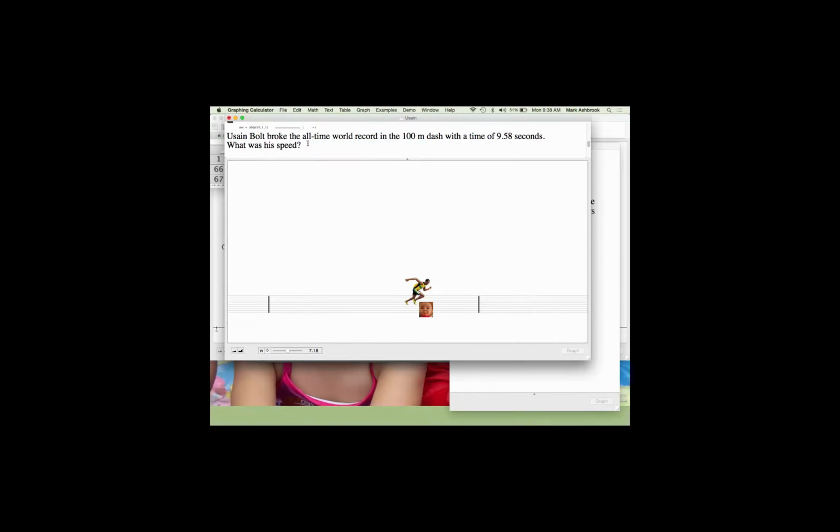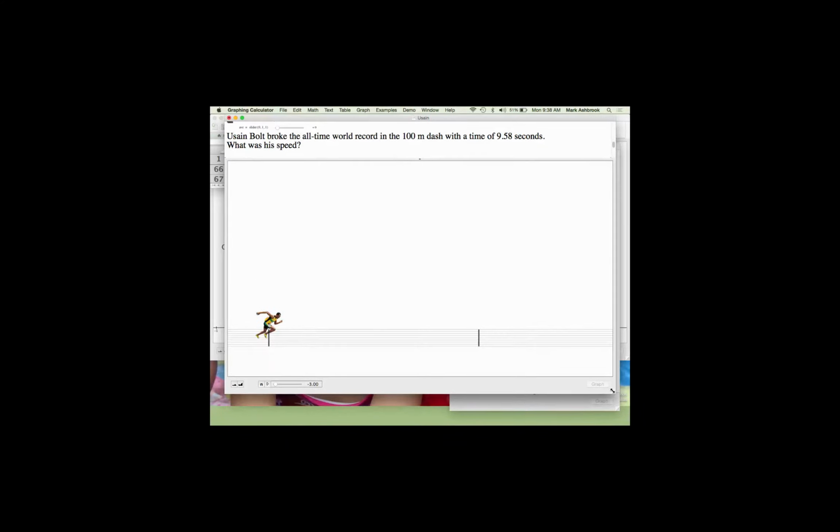What was his speed? Go, do it. What was his speed? So he broke the world record in the 100-meter dash with a time of 9.58 seconds. What was his speed?